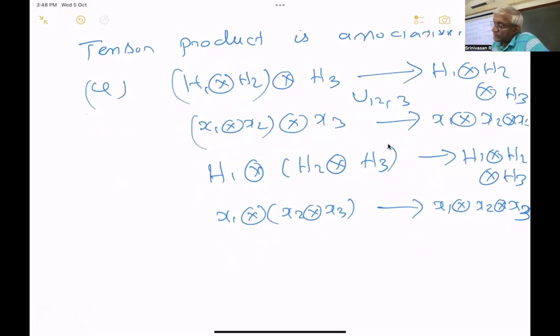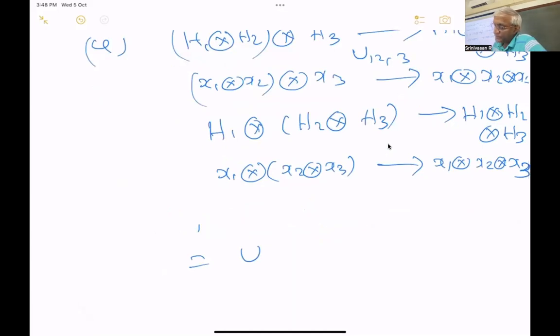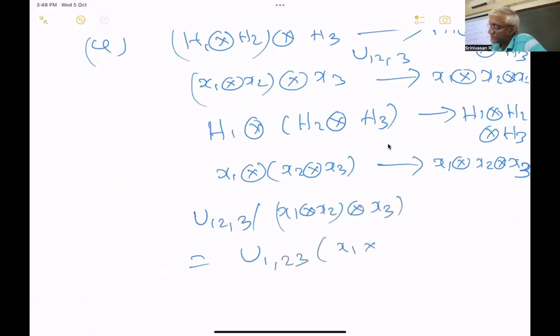So what is associative here? U1, 2, 3 of X1 tensor X2 tensor X3 is equal to U1, 2, 3 X1 tensor X2 tensor X3; this is true for all of them. That is a property.